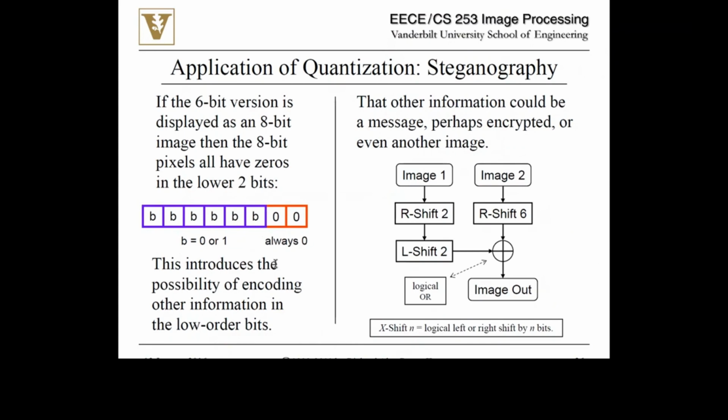An easy way to represent that in a computer is that you take any number, and let's say I have a byte, and I want to take that byte and get this value. So I want to set the last 2 bits to 0. What you can do is right shift by 2 positions.